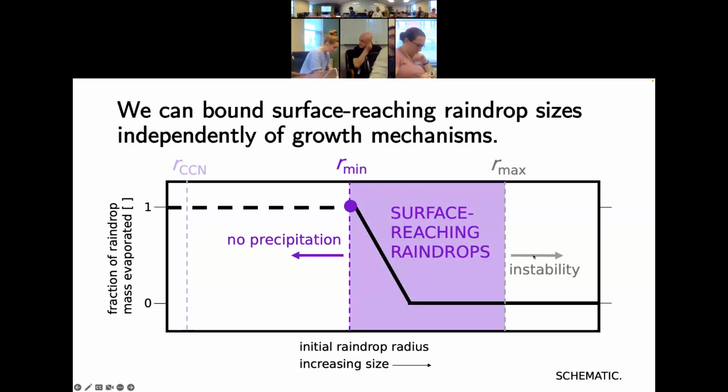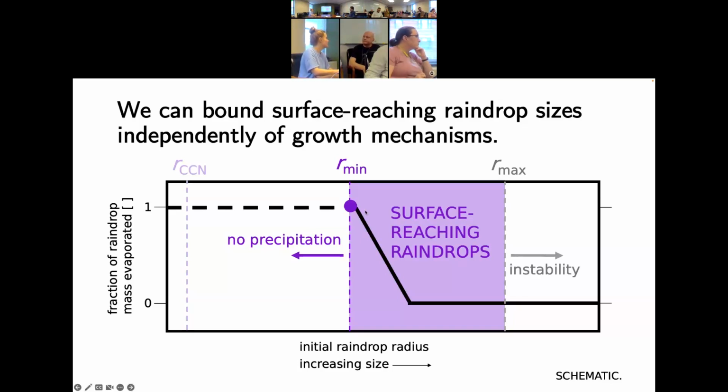And we can use this threshold R min for a raindrop to reach a given surface or vertical layer below the cloud, to bound the sizes of raindrops that are able to reach a given vertical distance below the cloud, completely independently of growth mechanisms.